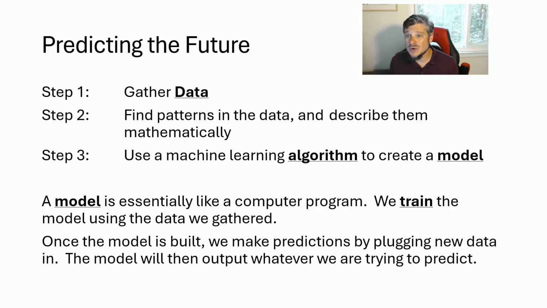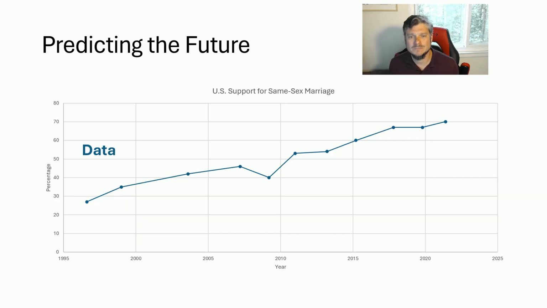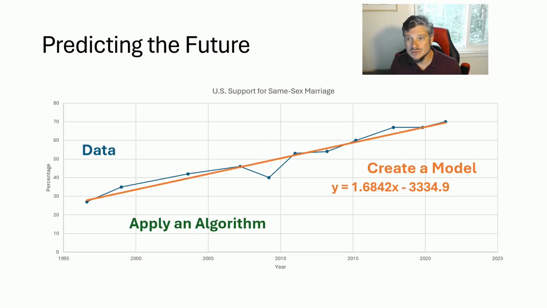The computer is going to do exactly what you tell it to do, not what you want it to do. And it's important to recognize that you need to always step back and ask yourself, hey, is this a reasonable prediction?